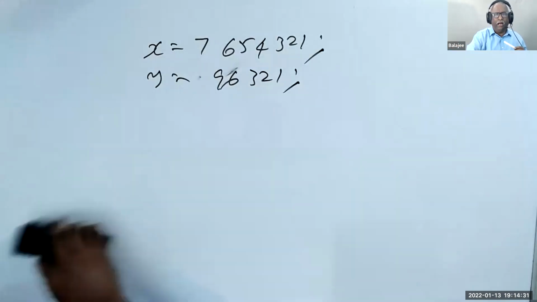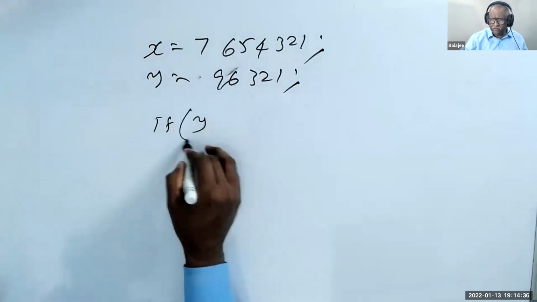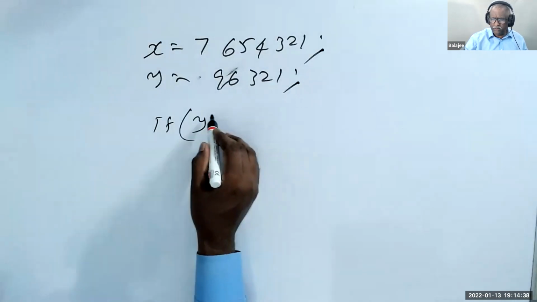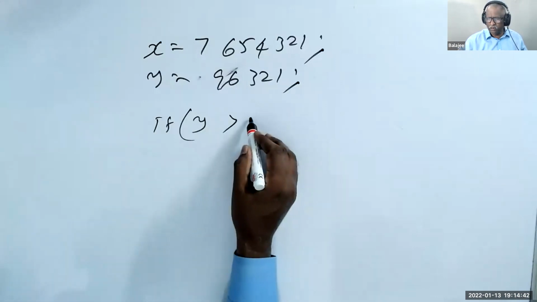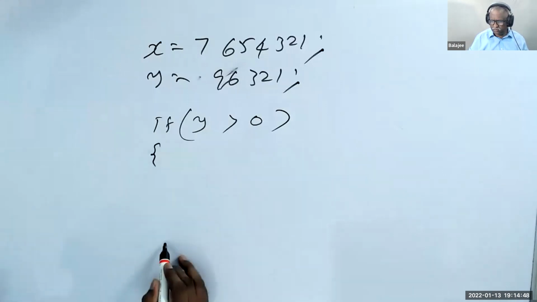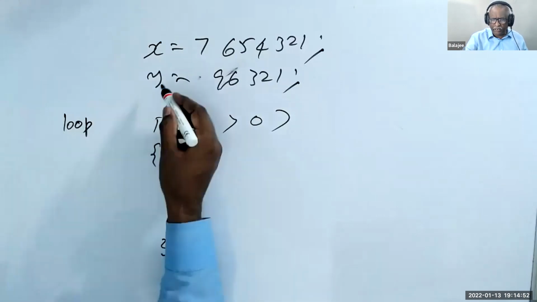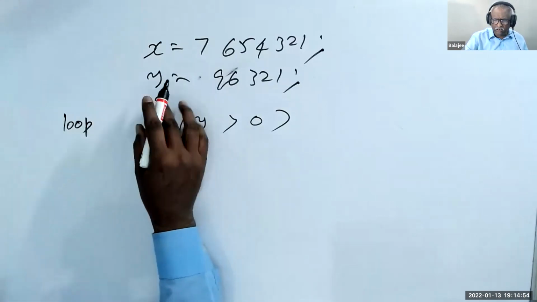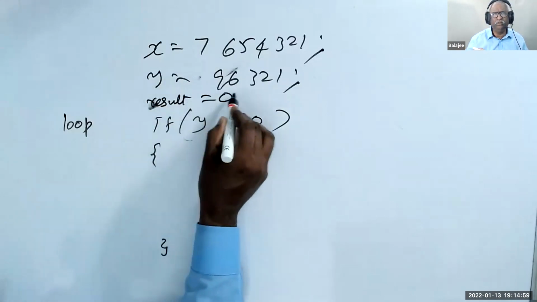Now I say that if Y is greater than 0, Y is greater than 0, do this. Loop. Understand how I'm writing? I'm just starting. Now I say result. Result is equal to 0.